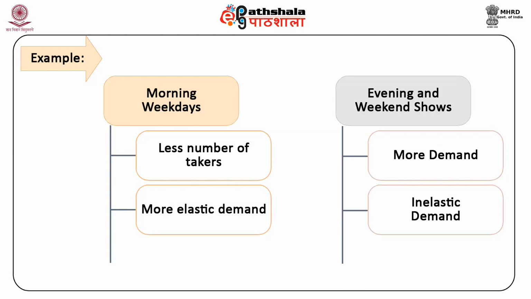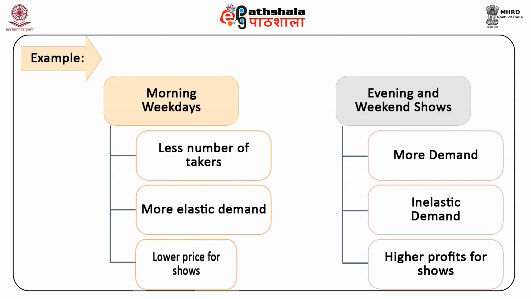The theater can make larger profits by charging higher prices for the evening and weekend shows and a lower price for the morning weekday shows. Through this kind of an arrangement, the movie theater allows consumers to decide how much they are willing to pay to view the movie at different points in time.